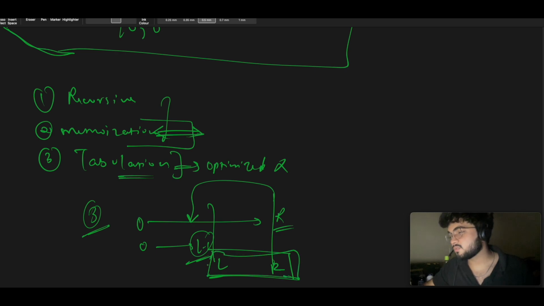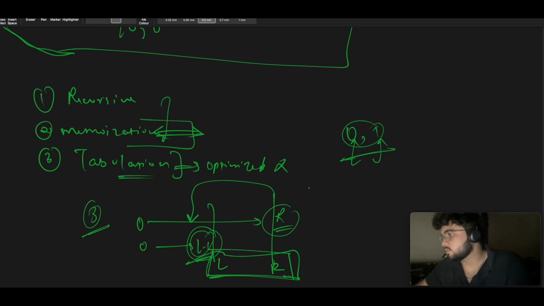Why are we doing this? Why not just directly move from L to R? Because it will be difficult. We have a tight flag, right, that tells us whether it is 0 or 1, which means whether we have the freedom to select any number or not.